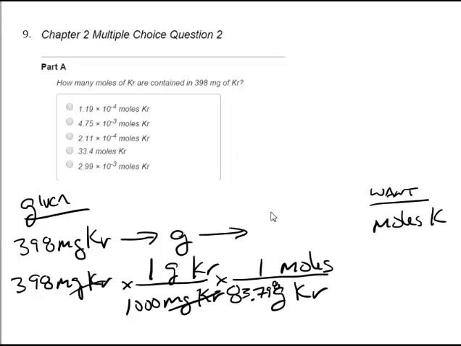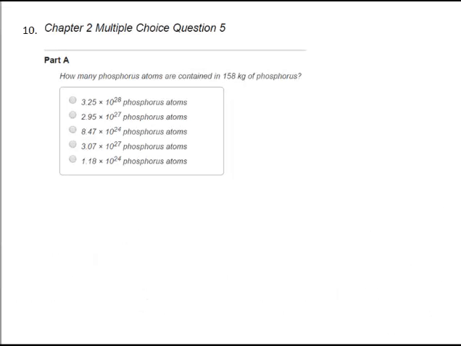So then when I do that arithmetic, what this turns out to be is 0.00475, and that's moles, because those grams canceled, or 4.75 times 10 to the minus.